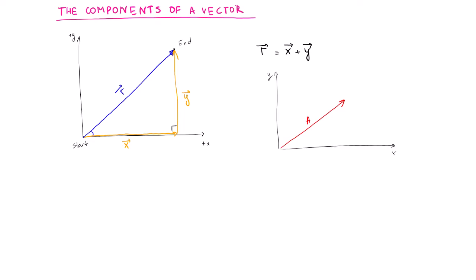The x component would be the vector that is going to the east, and then a perpendicular vector going to the north would be the ay component of vector a. As you already noticed, vector a equals the x component of vector a plus the y component of vector a.